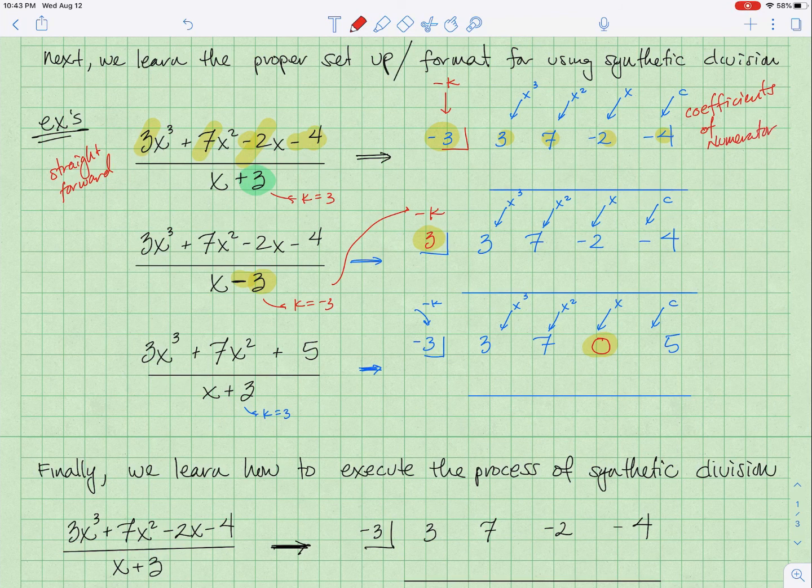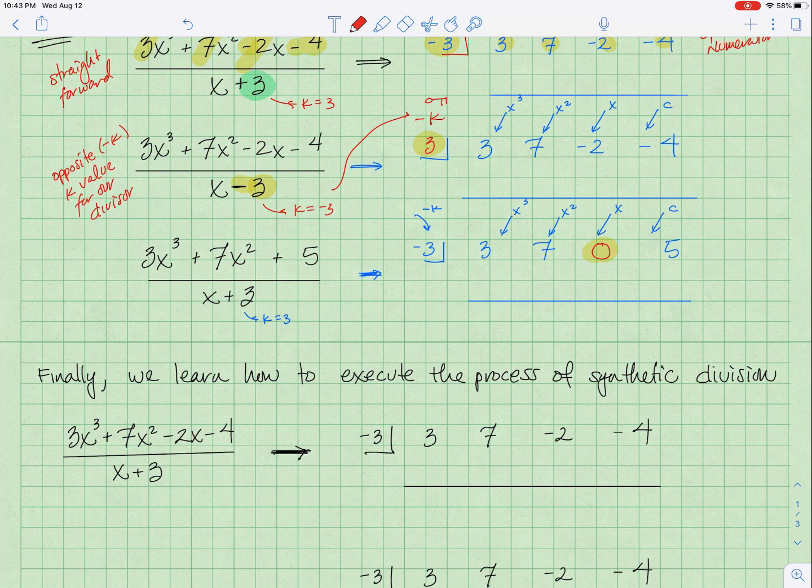Here, we're using the opposite, or negative k value, for our divisor. That's key there. And then in this last version, what's key is the use of placeholders. All right. So watch out.